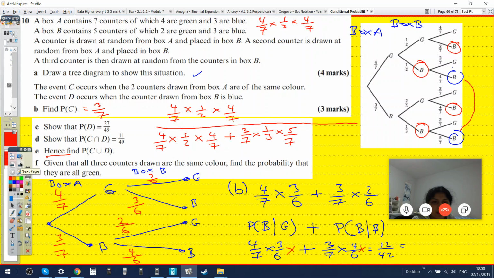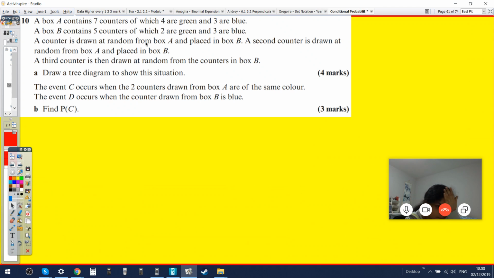Kind of. How do you draw that tree diagram? So I think the hardest part of this was just the wording, really. So if we go here, you've got green, you've got blue.